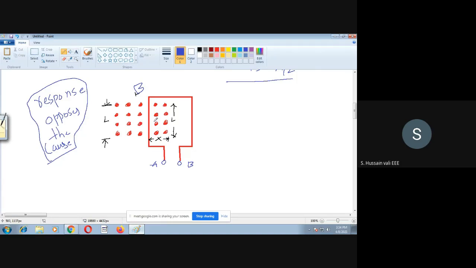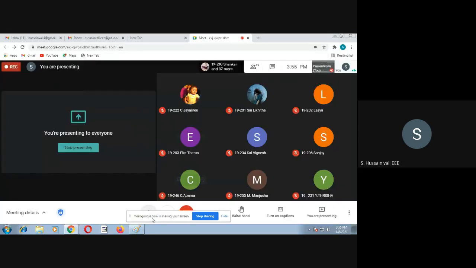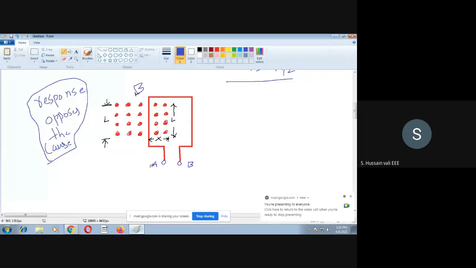That is the magnetic field direction. This magnetic field, which is varying and linking to your coil, is the cause for this EMF. So this EMF polarity is in such a direction that it will oppose the cause. It will oppose the magnetic field rising, or it will oppose the magnetic field linking.